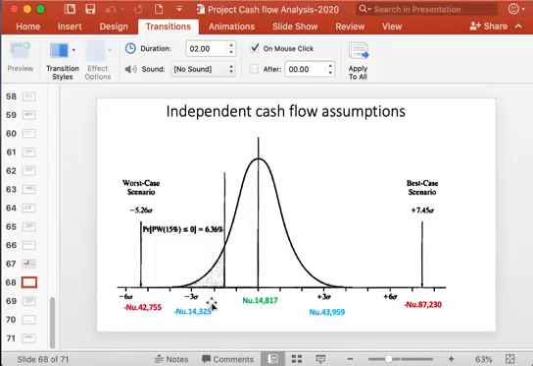So that means there is 97 point something percent probability that the actual values will lie within this probability distribution curve.